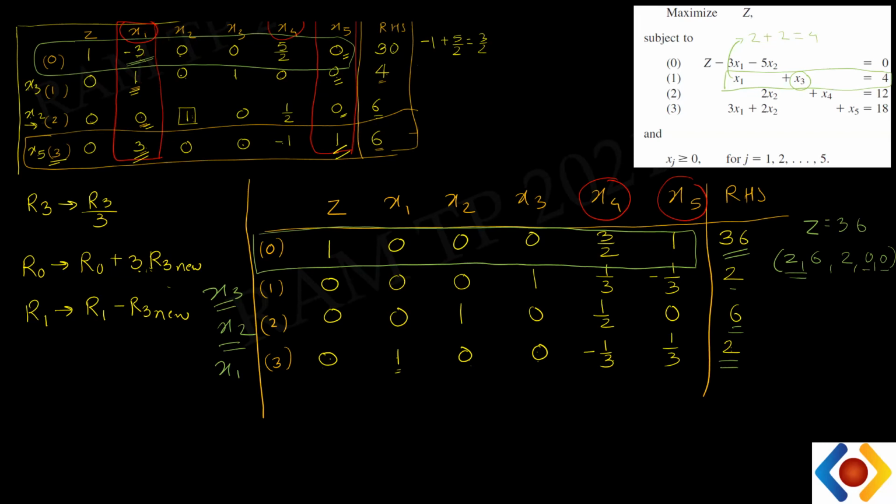In these methods, is the geometry way easier or the algebra way? The geometric way is easier. Again, the problem which we are doing is a very small problem, so it is much easier to handle in a geometric way. But in real life situations, the problems are very complex.